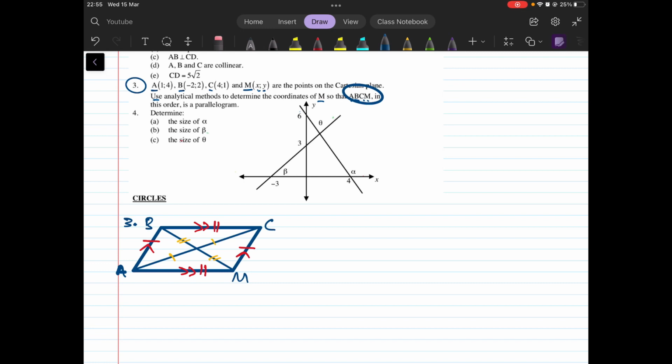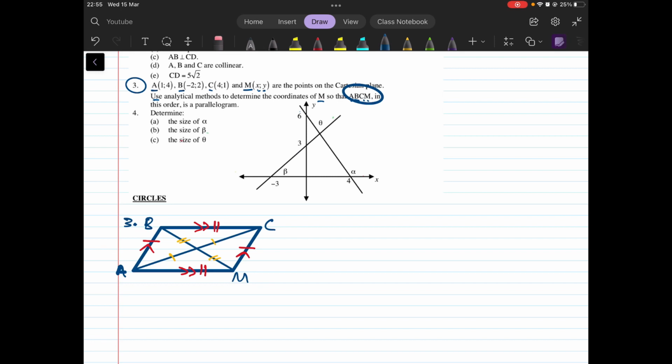You could have plotted these points on a Cartesian plane, but that would just waste time. We don't need to for us to be able to solve this question. Otherwise, if you want to, you can do that, but for the sake of what we are required to do, we can just work with this.